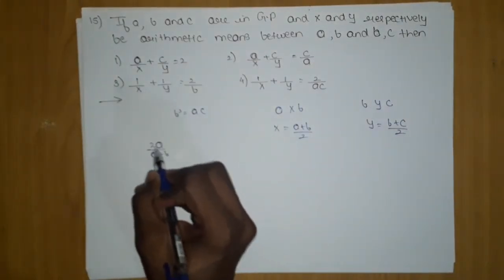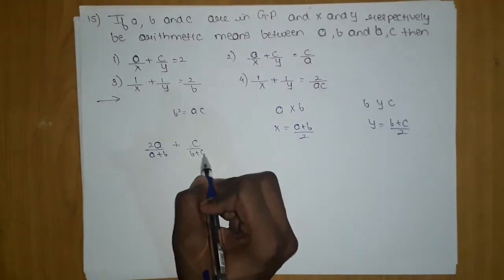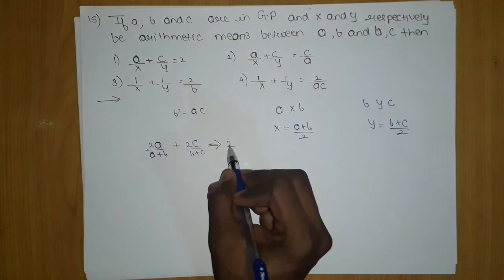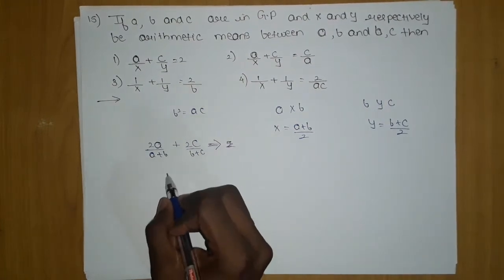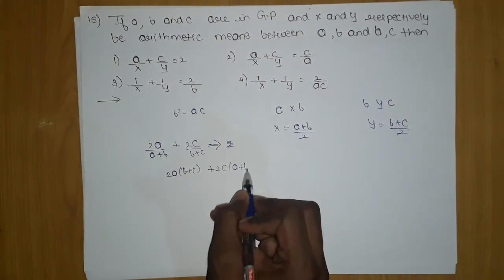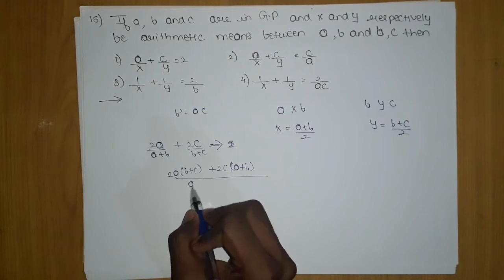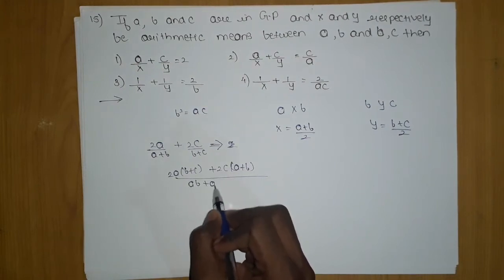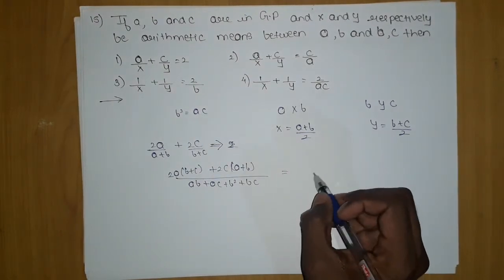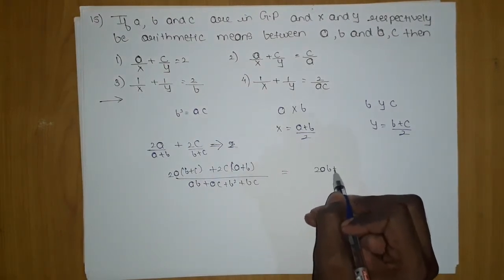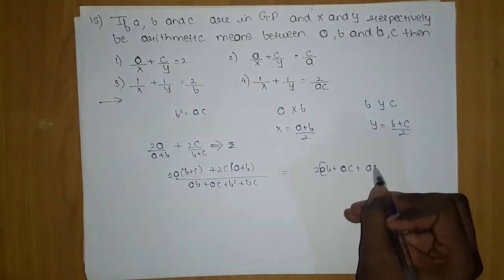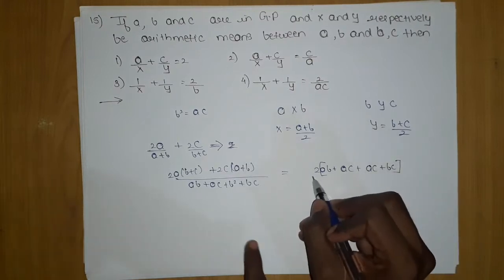A upon (a plus b) by 2, and this will be c upon (b plus c) by 2. If I substitute, 2 will cancel. We want to check whether it is equal to 2 or not. We don't know if it will come to 2. So 2 into (b plus c), 2c into (a plus b), upon ab, I am multiplying it, ac, b square, bc, which will give me 2ab plus, 2 I will take common, ab plus ac plus bc upon what?